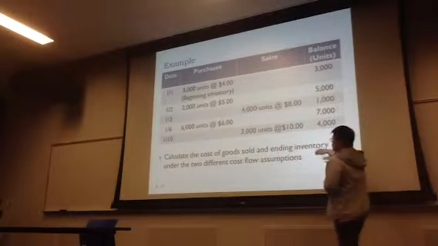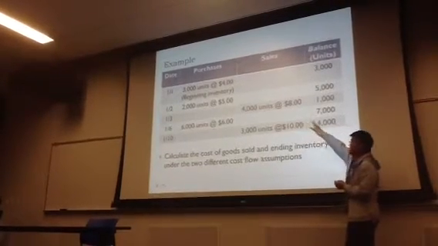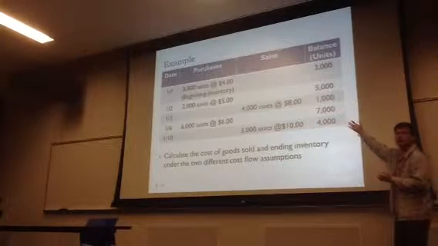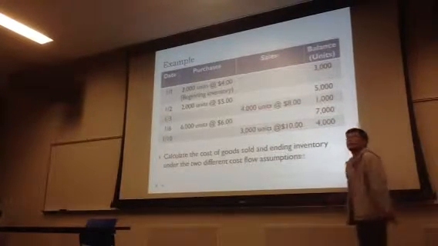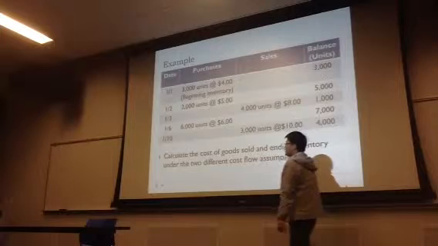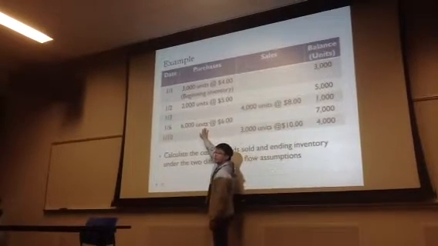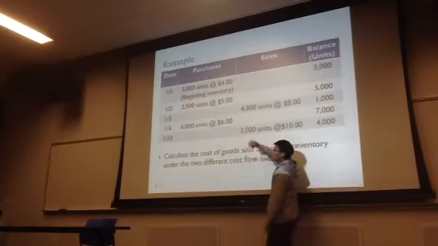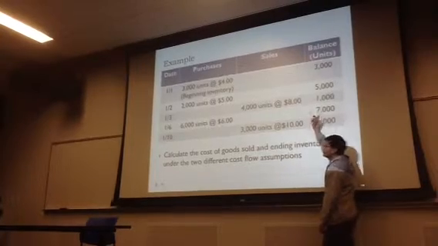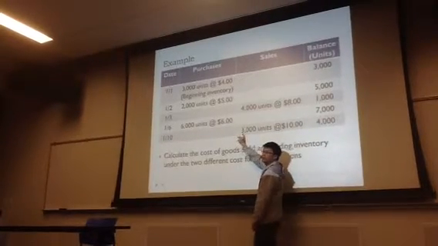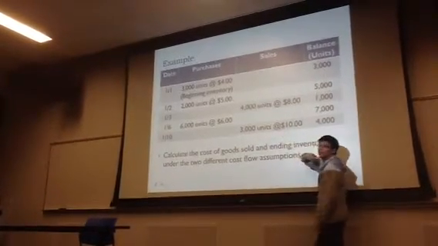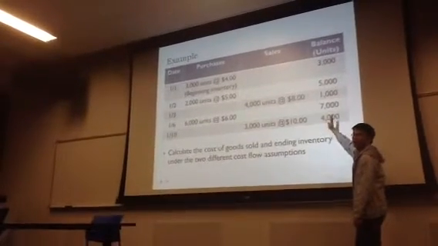And then on the 3rd, you are selling 4,000 units at $8 each. So what that means is after the sale, you're only left with 1,000 units. And then on the 6th, you purchase 6,000 units at $6 each. So now you have 7,000 units. And then on the last day, you sold 3,000 units at $10 each. So you're only left with 4,000 units.